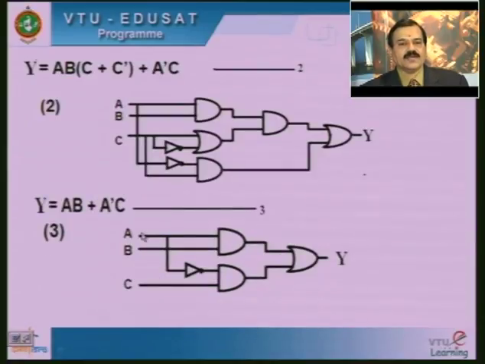Then we are going to see here AB plus A complement C. AB is taken and it is made available here, and this complement value of A along with the C, it is made available here, and finally these two equations products are going to be added here to create the output Y.